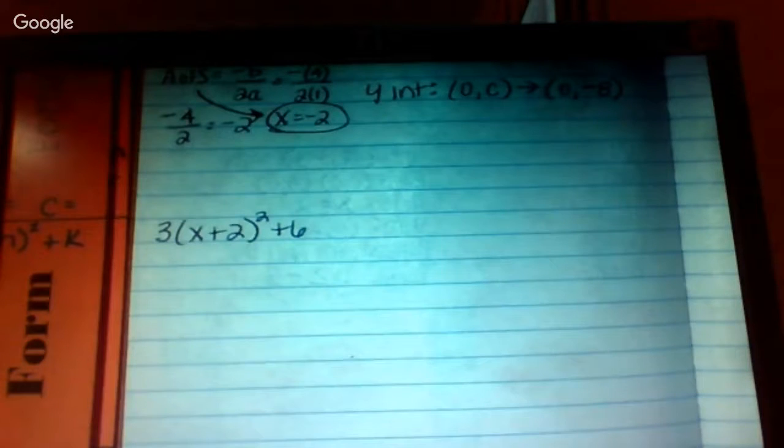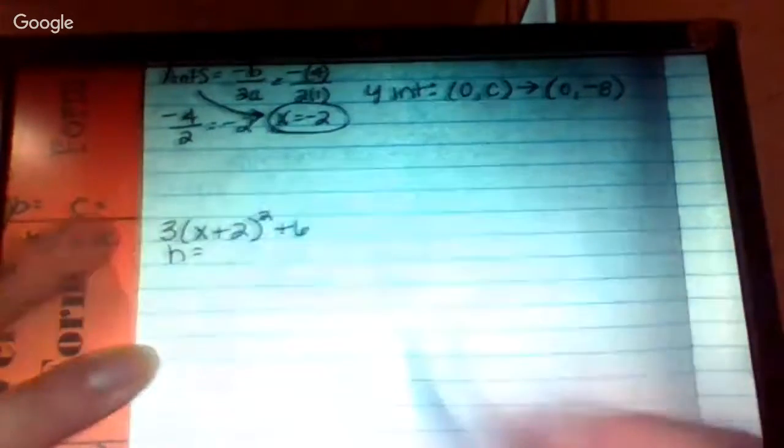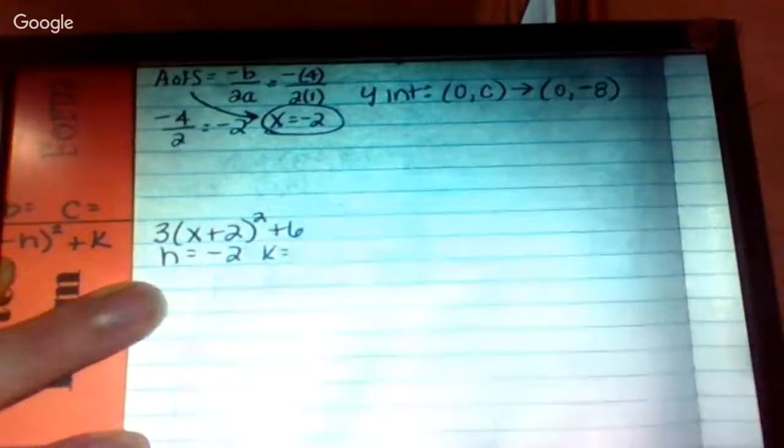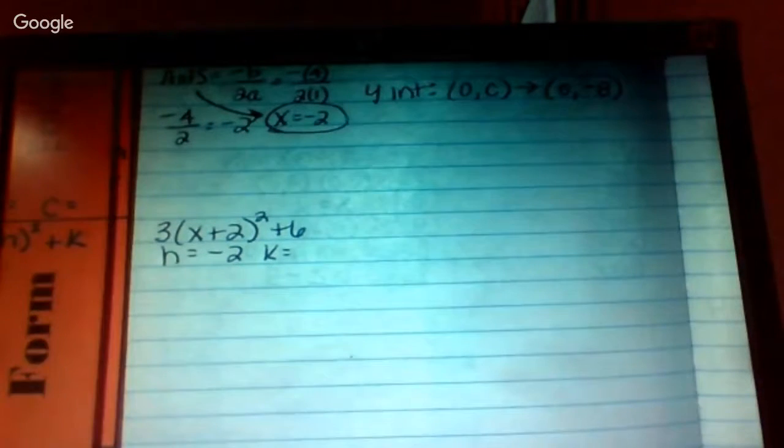The first thing I want you to do is find your h value and your k value. Remember, your h value is inside of the parentheses. It's always opposite. So if I have x plus 2, h is actually what? -2. My k value is what? +6.